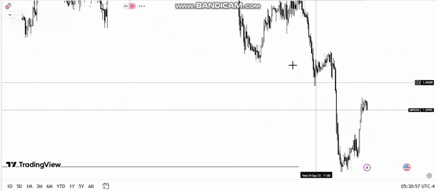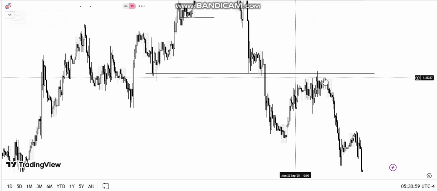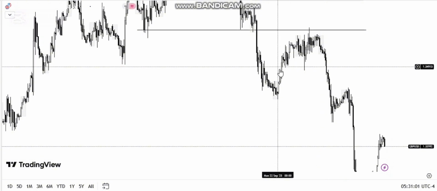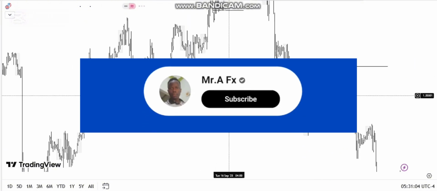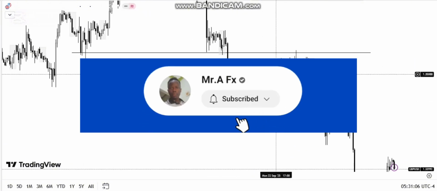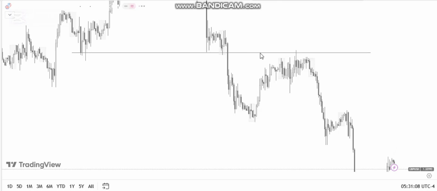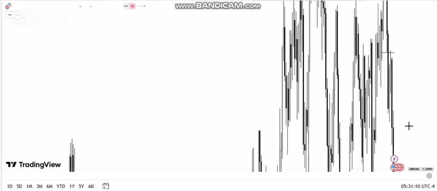This was a really good day for us to trade. This was our zone for the market to sell, and that's how we sold the market from that zone. It was quite a big trade.